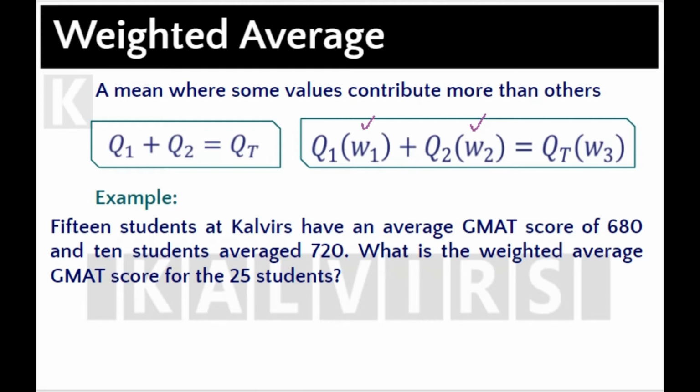Now, let x be a variable and put data into the formula given. So we get quantity 1 times weight 1 plus quantity 2 times weight 2 equals the total quantity times weight 3.